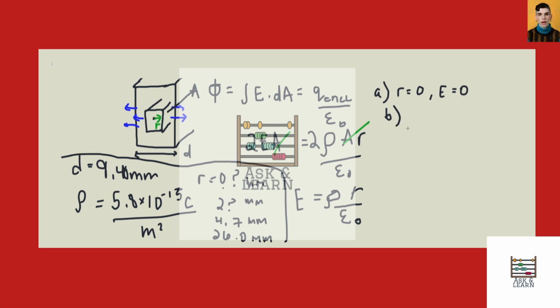For B, R is 2 millimeters, so 0.002 meters. You plug that in for R, plug in rho, then your epsilon naught, and I get that E is equal to 1.31 times 10 to the minus 6 coulombs per meter.